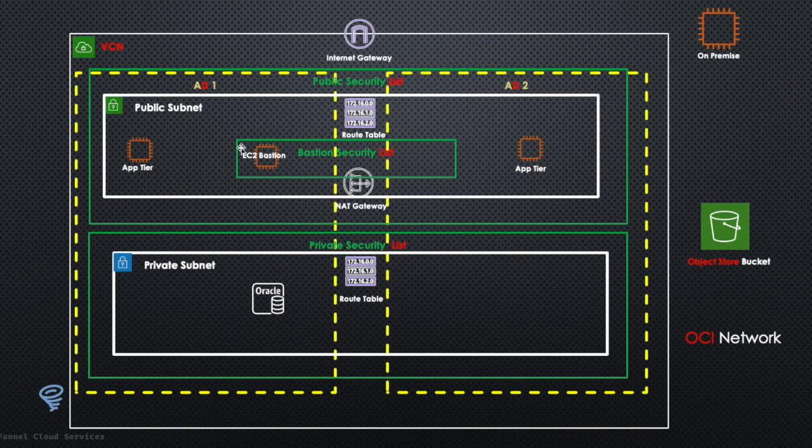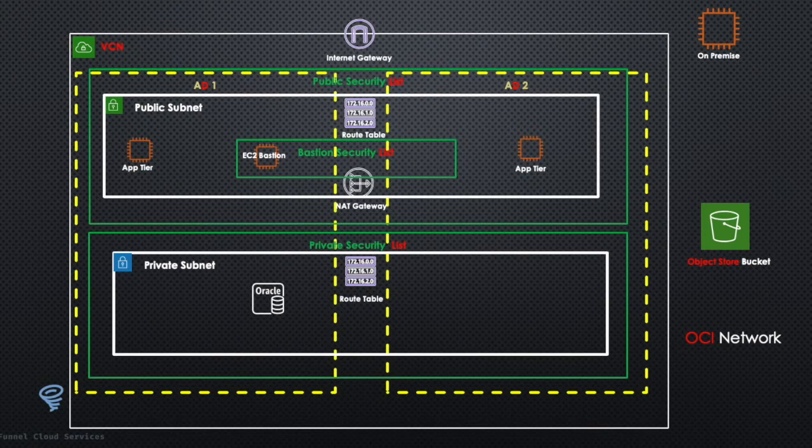Same approach, but no longer security groups, it's security lists, and by the same approach of routing entries through the gateway. Technically, the security lists tend to be more IP based in Oracle, whereas in AWS they have security groups based on security groups. But other than that, it really is a very similar layout. There's the object store bucket versus an S3 bucket. But again, here's my Oracle, and here's my AWS.